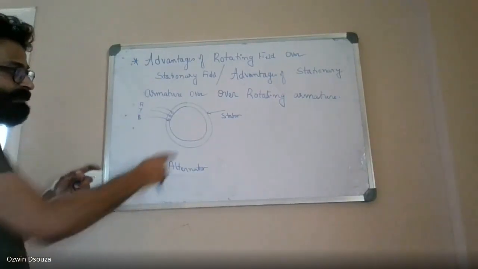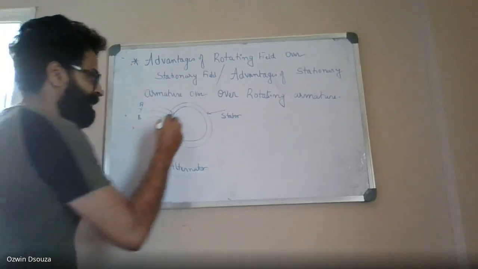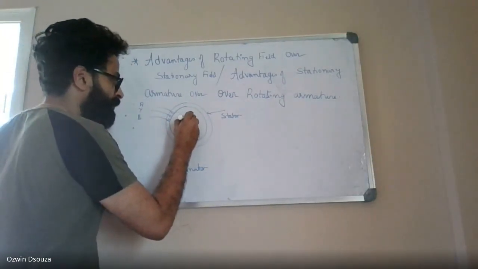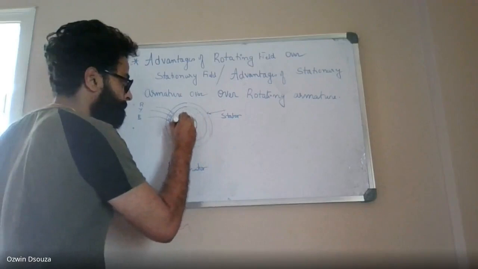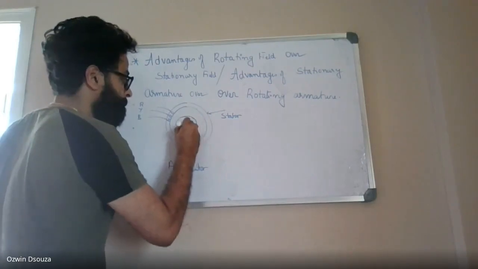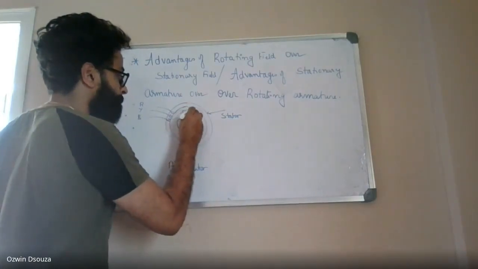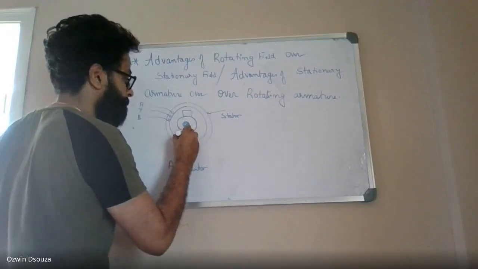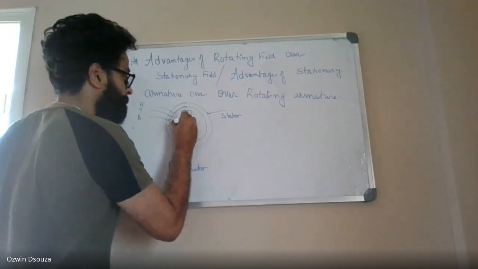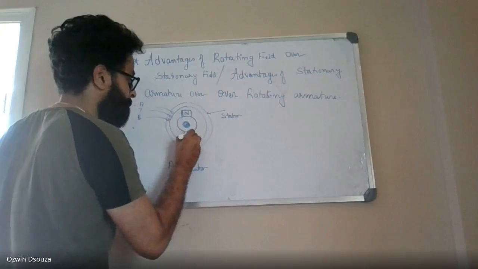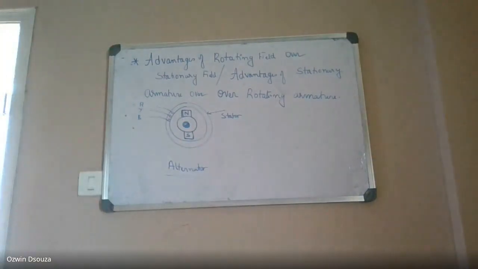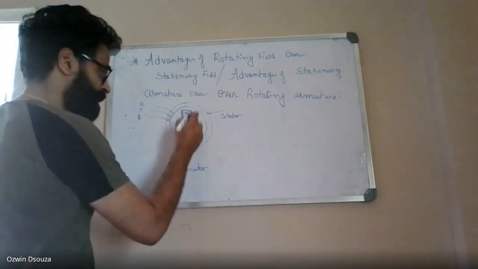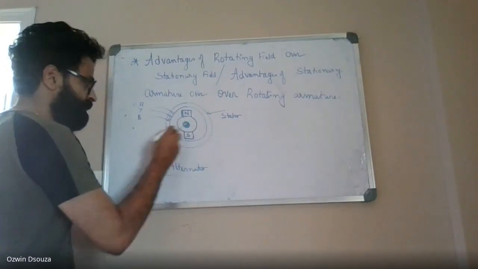So in case of an alternator, conductors are kept on the stator and the rotor consists of magnetic fields. So this is your rotor.